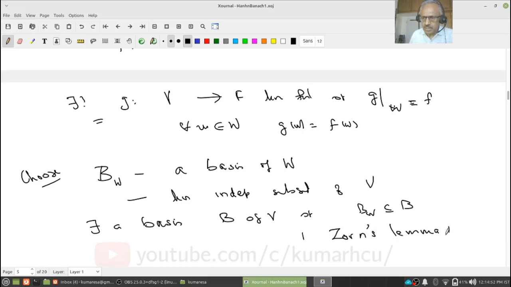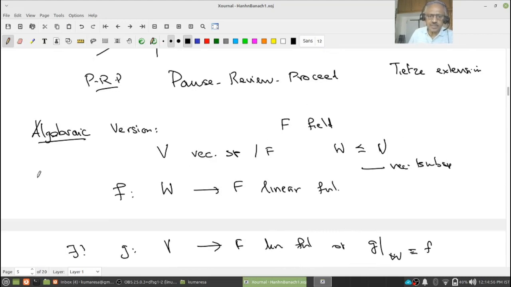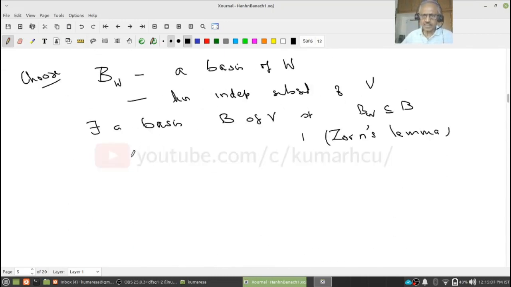Why do I use Zorn's lemma? Notice that I said V is a vector space, it need not be finite dimensional. It could possibly be infinite dimensional, and similarly W could be anything. In fact, the typical proof of existence of a basis uses Zorn's lemma.